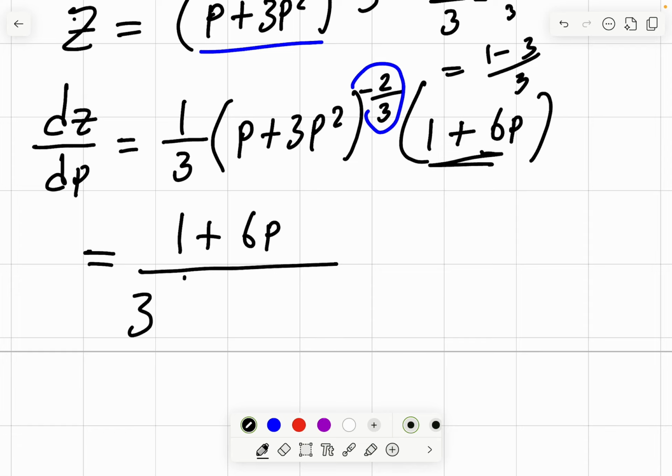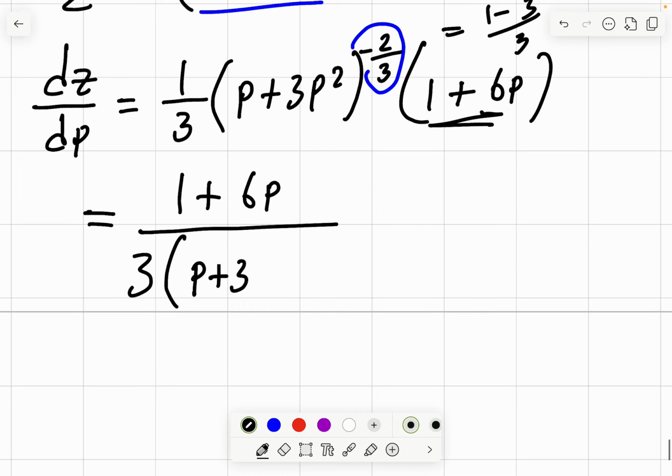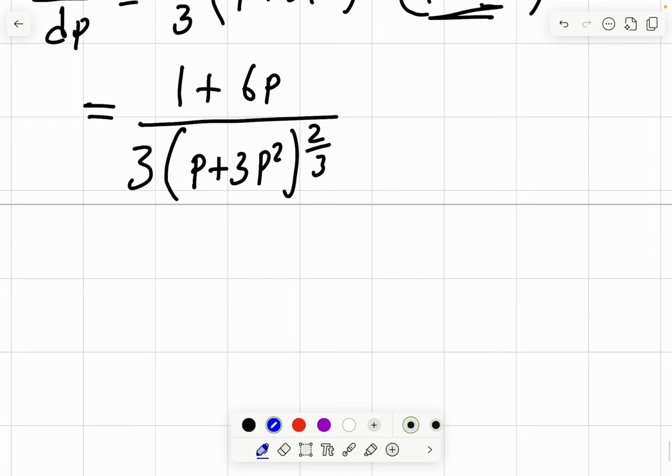I'm going to have 3, then p plus 3p squared, to the power 2 over 3. So remember, this 3 is going here. This 2 is going here, it is the exponent of the function.